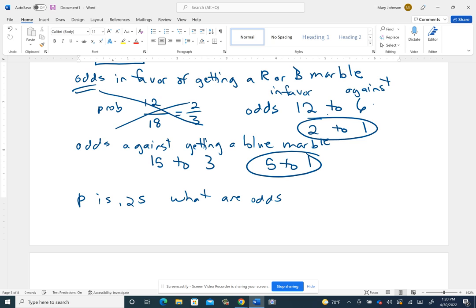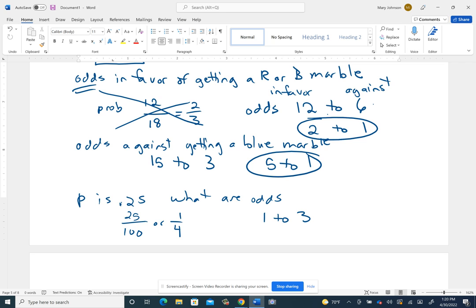So what you could do there is, if the probability is 0.25, you might think about that as being 25 over 100, or you might have recognized it as 1/4. So the odds would be 1 to 3.